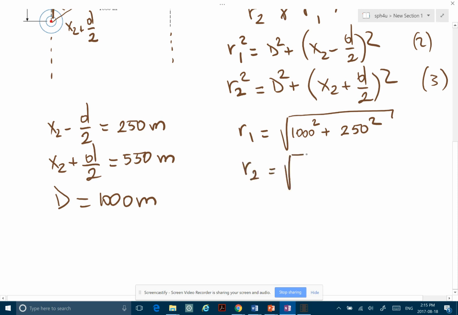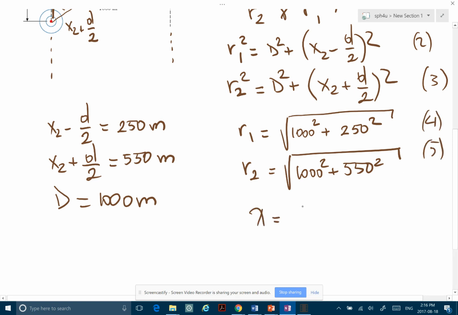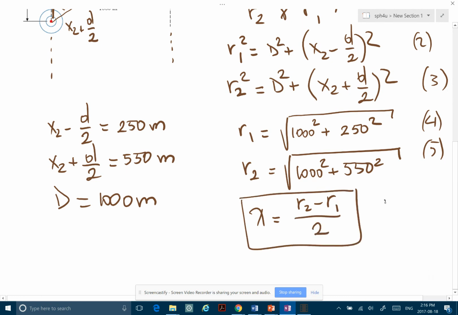And R2 is the square root of 1,000 squared plus 550 squared. So to cut it short, we're going to figure out what the wavelength is, which is R2 minus R1 divided by 2. Okay, that's going to be our final equation.